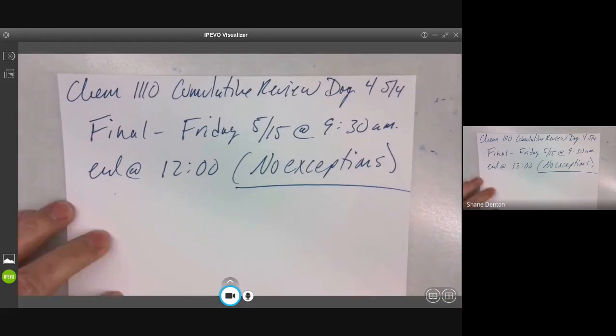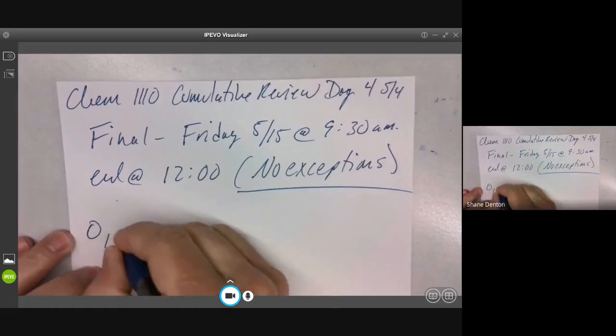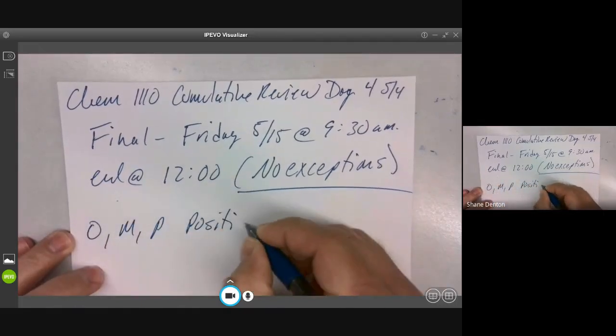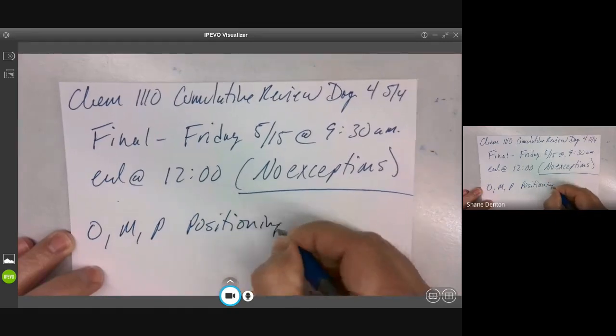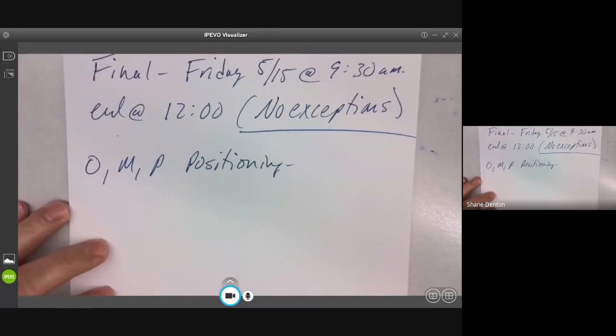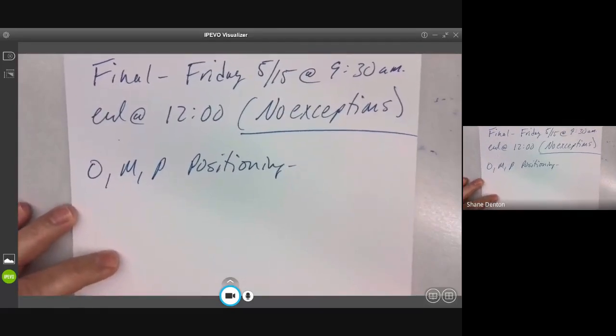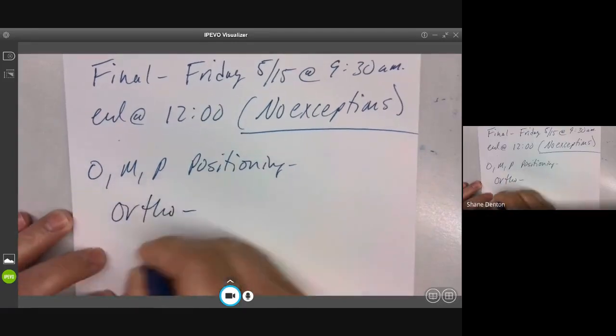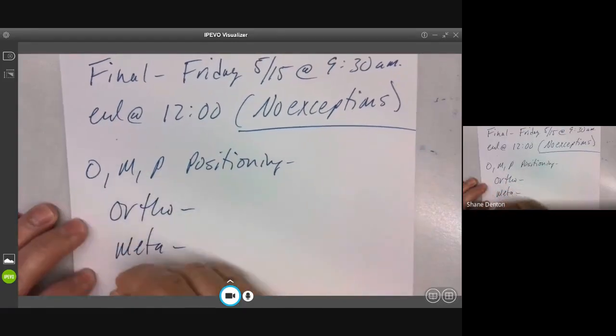All righty. So you got to know what O, M, and P positioning mean. Positioning. Who knows what I'm talking about? Not like ortho, meta, and para. So I got ortho, I got meta, and I got para.